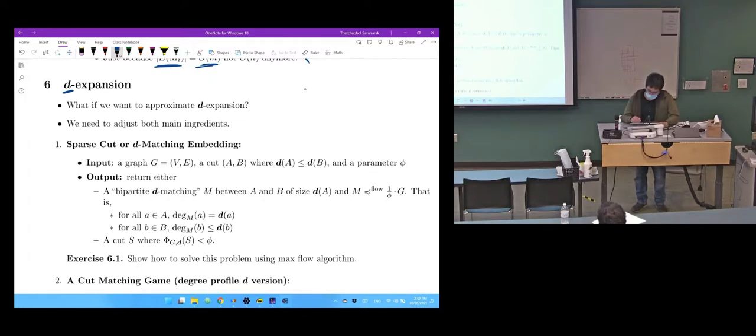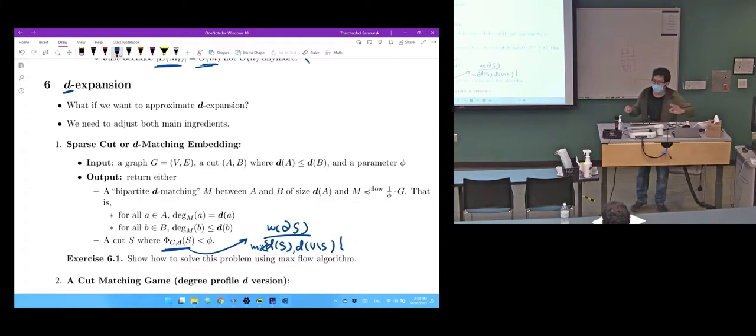This is the cut size over d(S), where d is a general demand, and the expansion is more general than conductance, right? So what if we want to approximate the expansion? We just need to adjust two main ingredients accordingly.